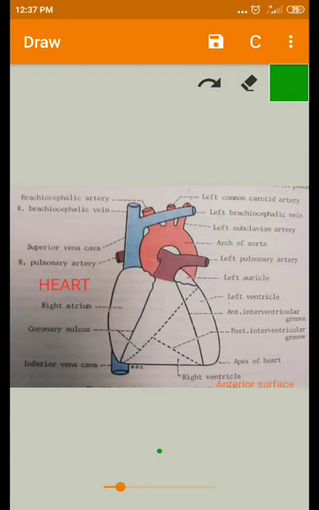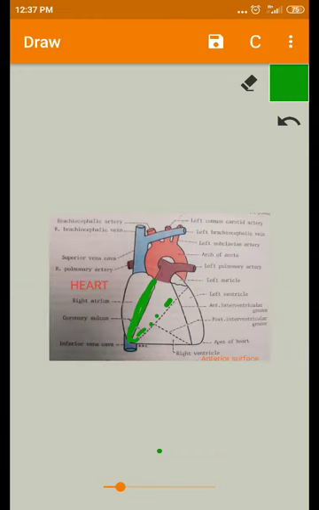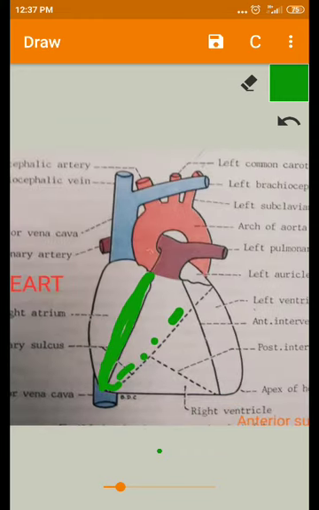The atria are separated from the ventricles by a circular atrioventricular groove, or it is called the coronary sulcus. This groove is present on the anterior side, and on the posterior side these are the dotted lines.